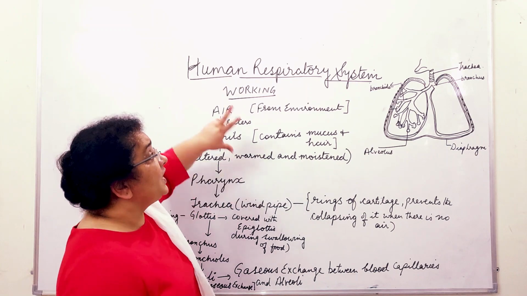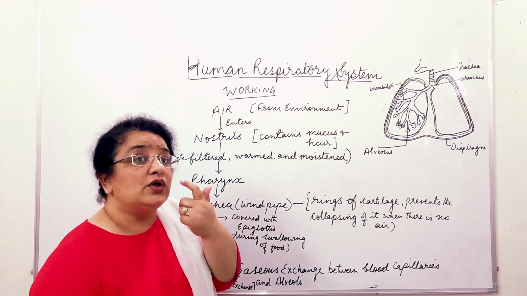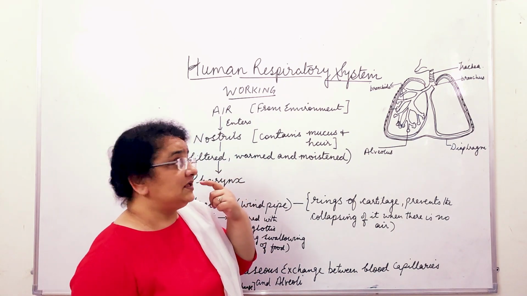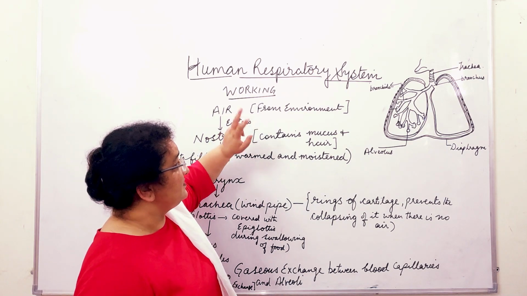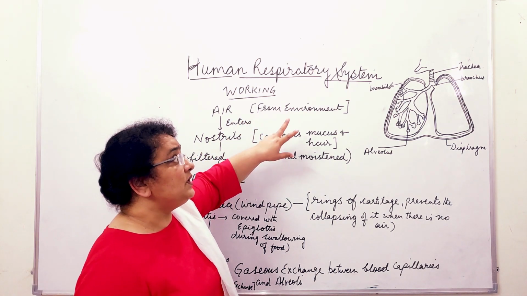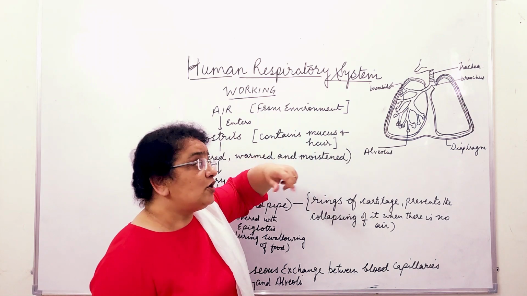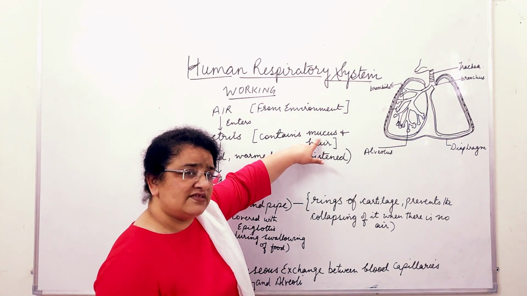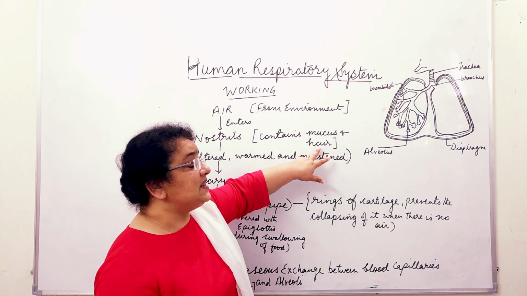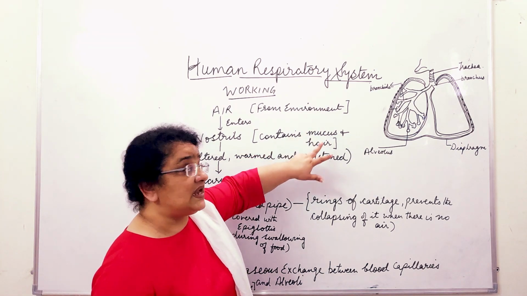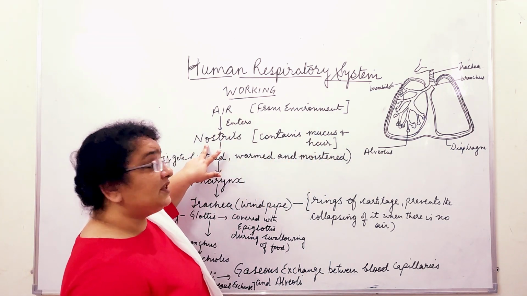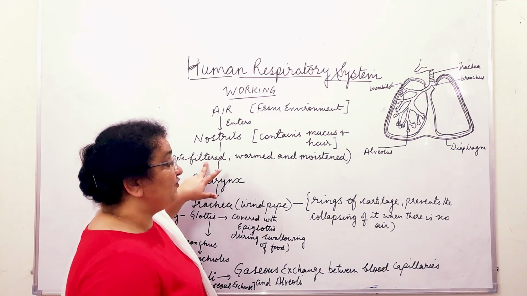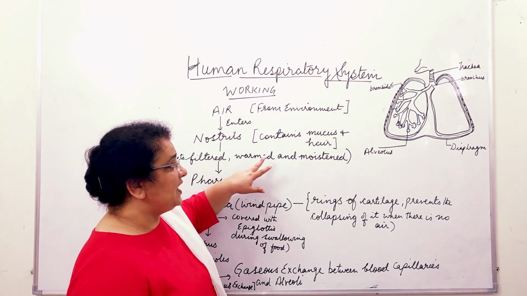As I told you, air enters the nostrils. It enters your nose, and inside the nose, I told you, the lining of the nose contains mucus, that is the liquid fluid. With the help of mucus, the air inside the nostrils gets filtered, warmed and moistened.